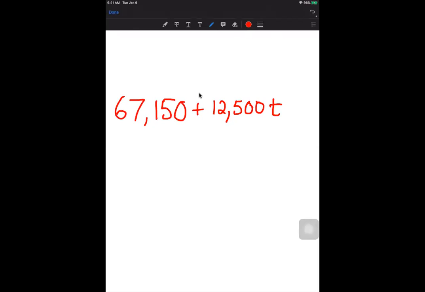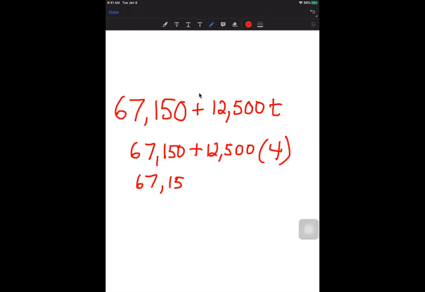All right, now all that they're asking us to do is we're going to plug in. So we want to find out how many miles are going to be out on it after 4 years. So all we do is rewrite it. 67,150 plus 12,500. Again, when we plug in, we use parentheses, and it's going to be 4 years. So now we're just going to do a little math with our calculator.